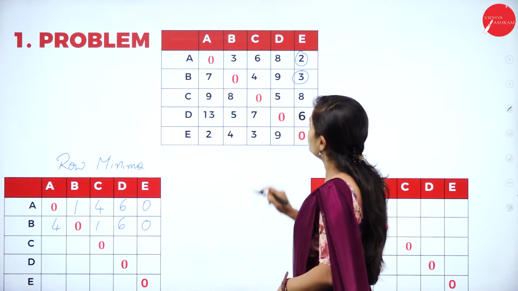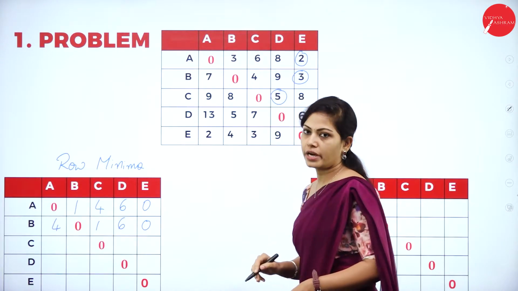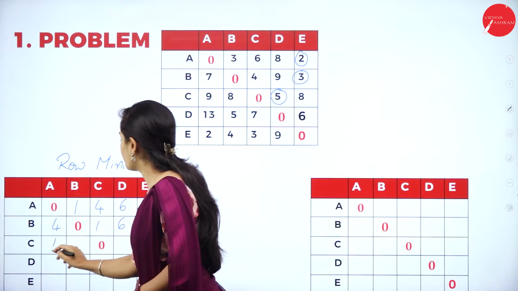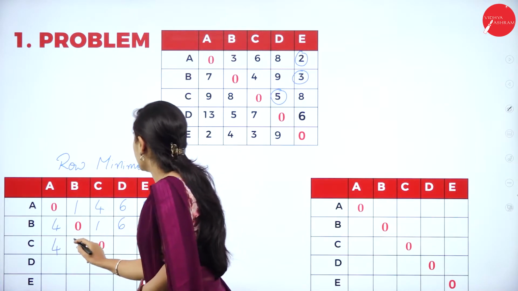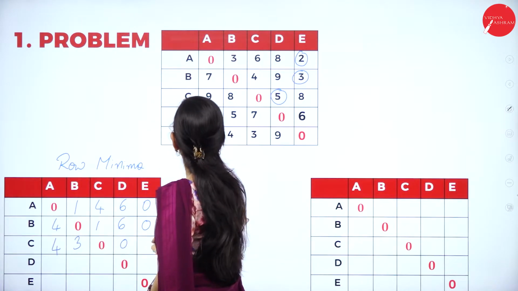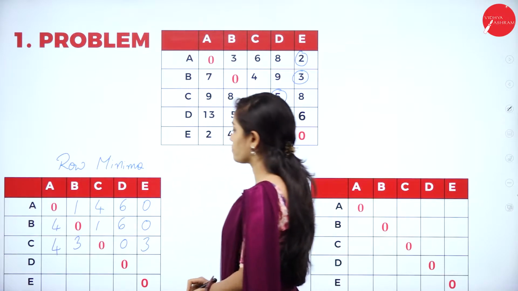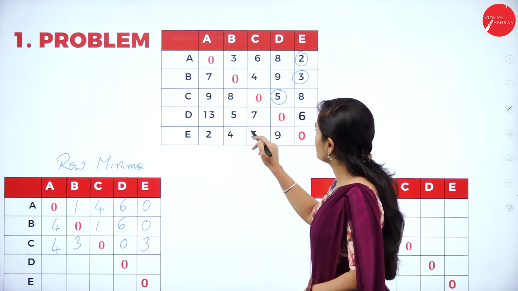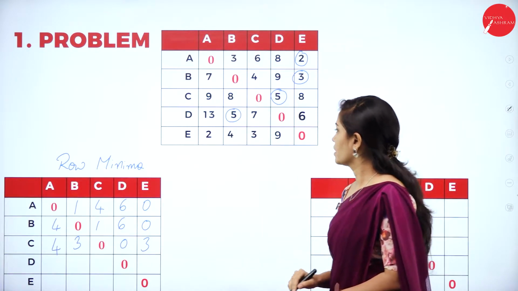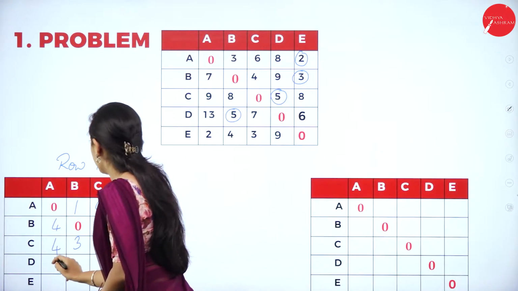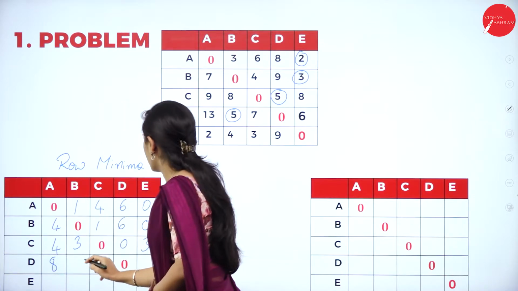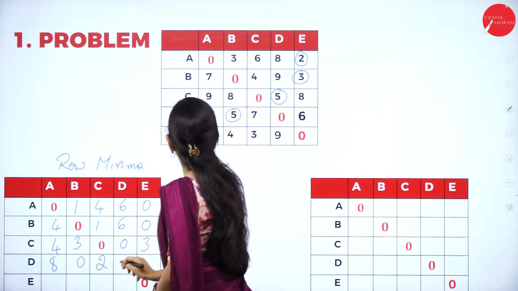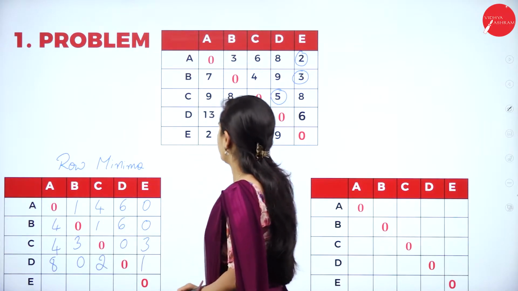In the third row, the least value is 5: 9 minus 5, 4, 8 minus 5, 5 minus 5, 8 minus 5 is 3. And in the fourth row, the least value is 5: 13 minus 5, 8, 0, 2 and 1.